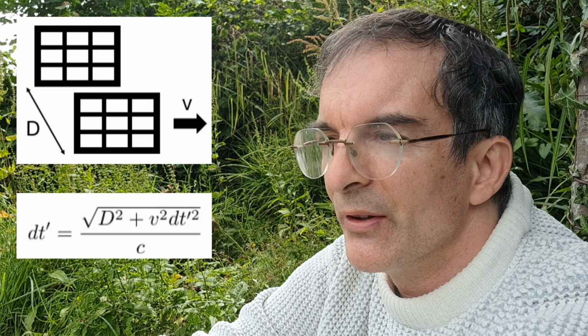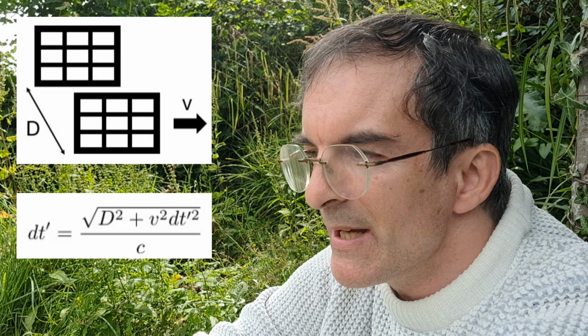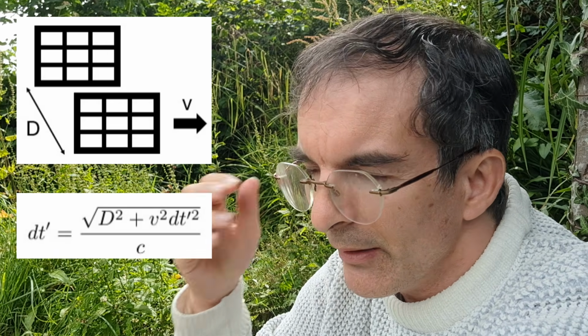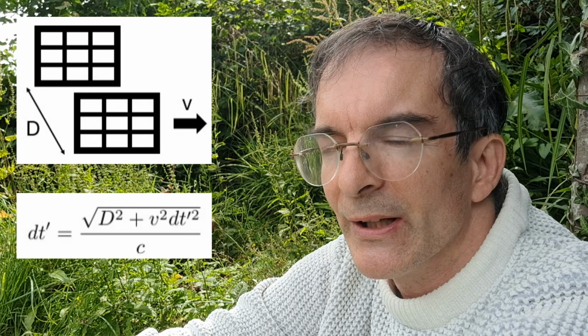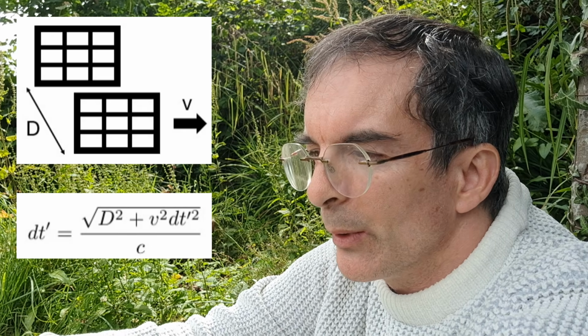So the diagonal distance will be v times the time. So we'll get D squared plus v squared dt prime squared, all rooted. That will give us the distance between the two pixels in the two games, and then we divide by the speed of light, so d over s. And then with a bit of rearranging, we get something that looks like this.